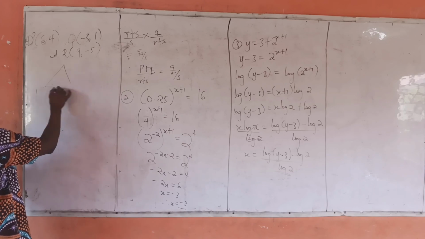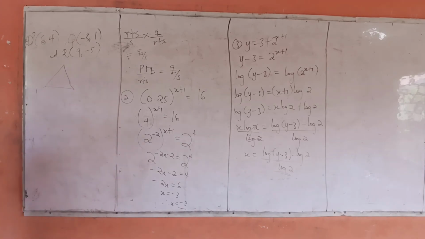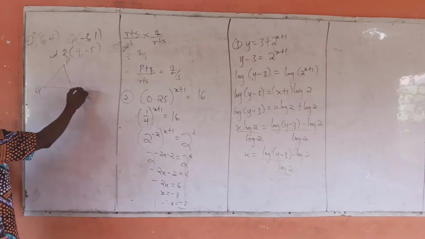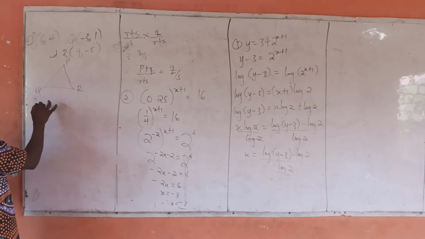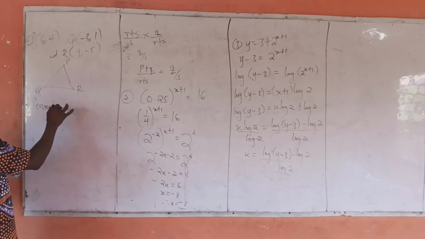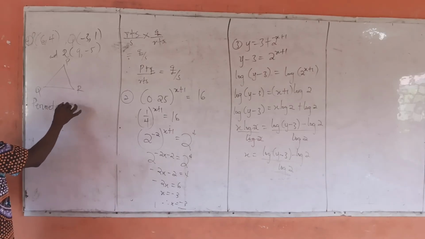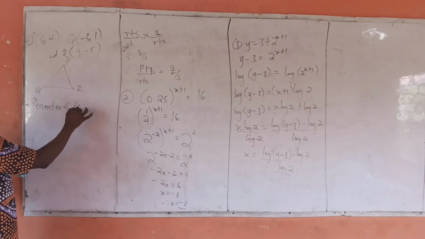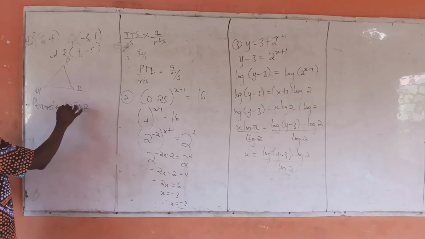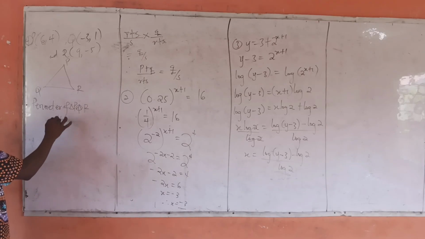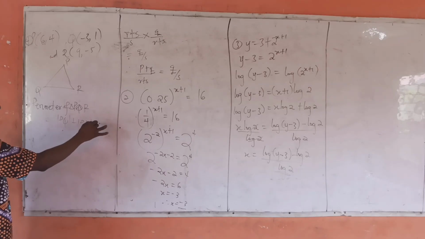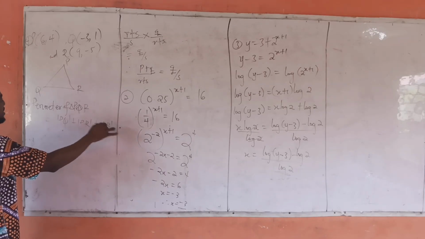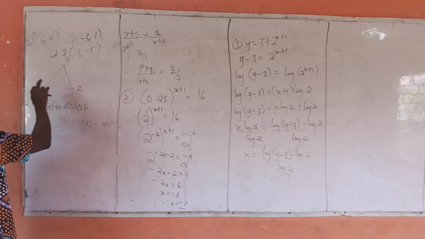I would like to draw a similar triangle, P here, Q here, R here. Perimeter of triangle PQR is equal to the length of PQ plus the length of PR plus the length of QR.